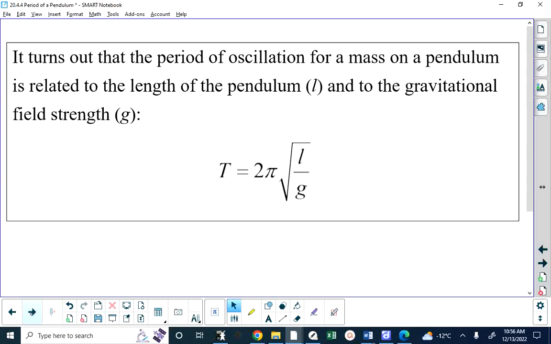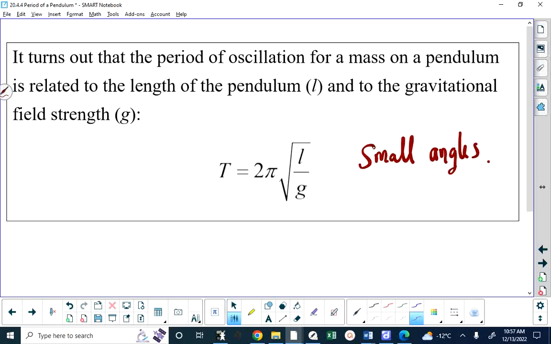Just like there are limitations to the spring formula, the main limitation is that you cannot use it for any displacement, because if you take a spring and you stretch it too much, you change the value of the spring constant. The limitation here is this works for small angles.